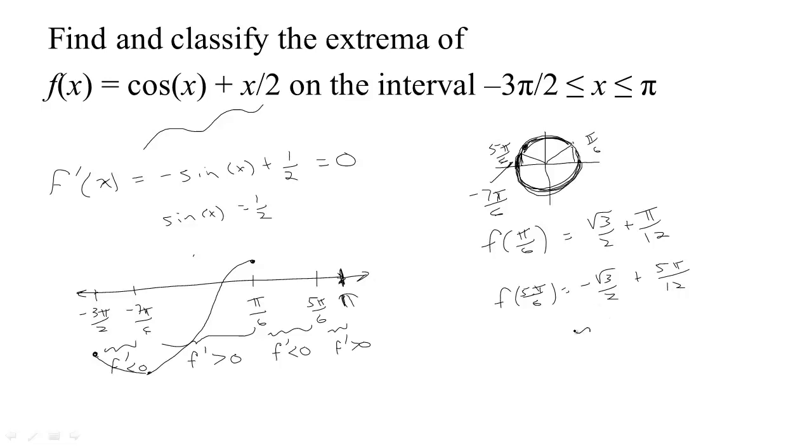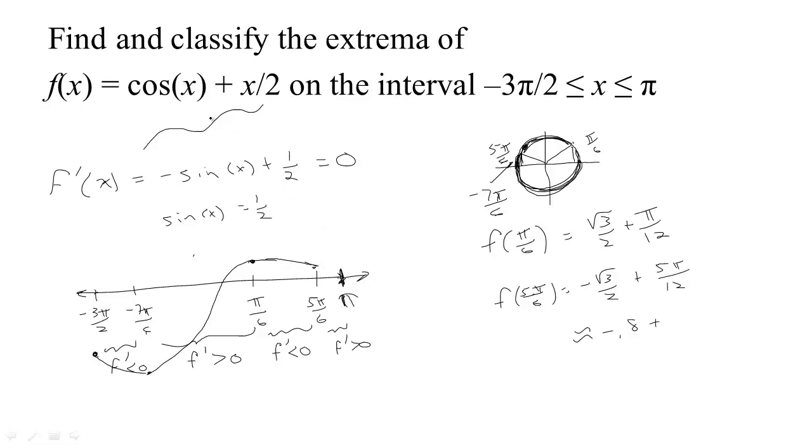So this is about, we decided this number is about negative 0.8, and this number, 5 times a little more than 3 is a little more than 30, so a little more than 30 divided by 12. We must be a little bit lower than this value, but we're still positive, so going down a little bit, and then after that we're going up.